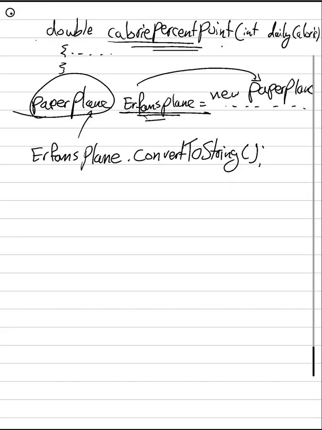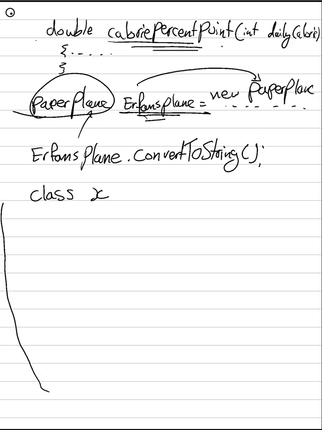So here's the way to think about it. This is a great question, actually. When you have a class of something, let's say class X, you're saying I have a category of these things. I have a category of food, I have a category of paper planes, I have a category of whatever.